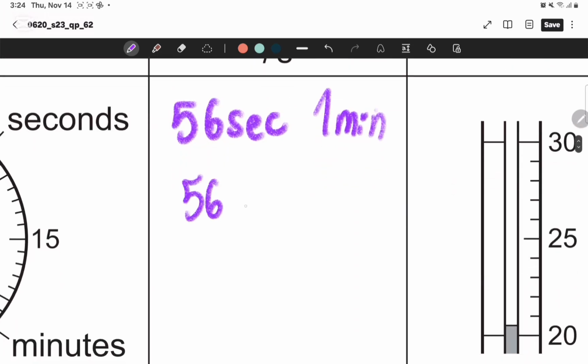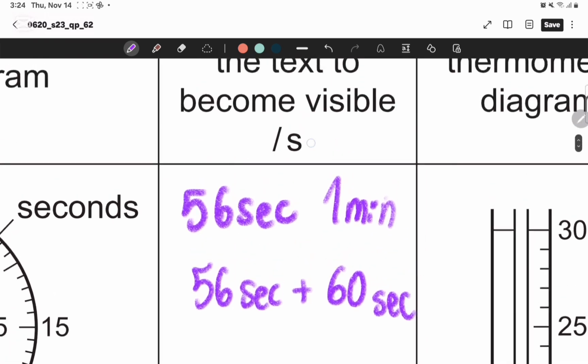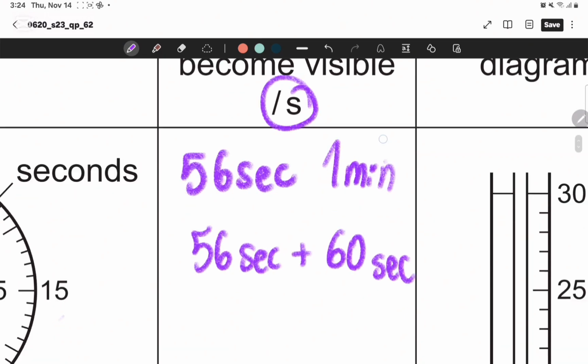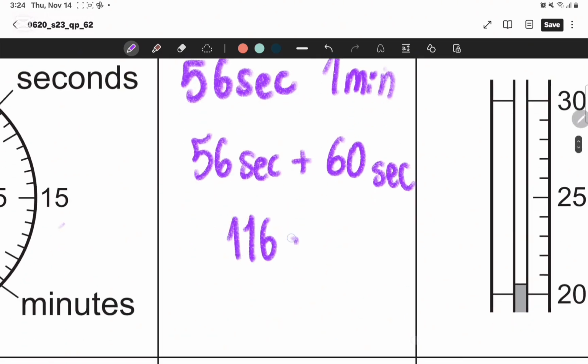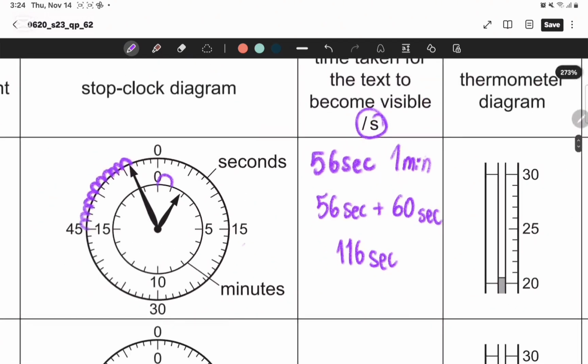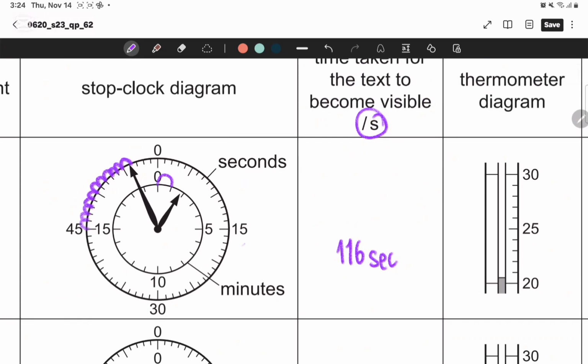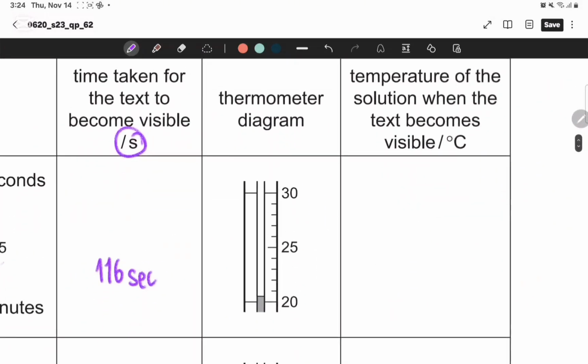So 56 seconds and 60 seconds, because we're supposed to keep it in seconds. 56 plus 60, we get 116 seconds. Okay? And now let's see the thermometer.